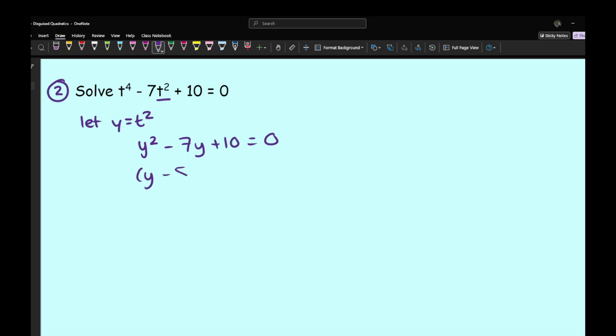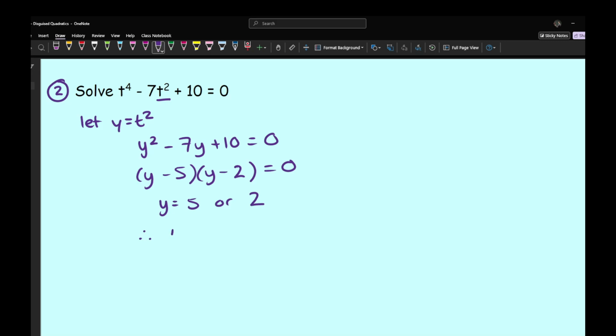Now at A level you don't have to solve it by trying to factorize it. You can go straight into using your A level calculator, whether it be scientific or graphical, and it'll do the actual solving for you. So here we end up with (y minus 5)(y minus 2). So y is going to equal 5 or positive 2.